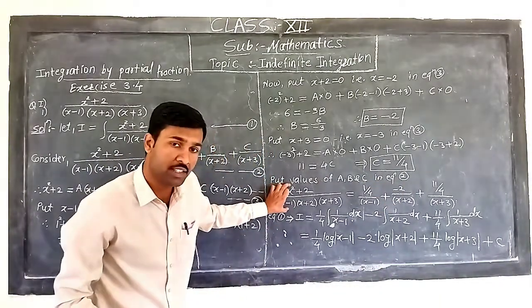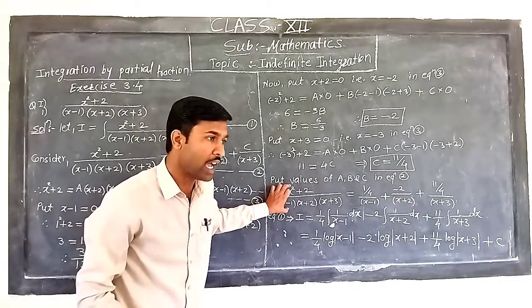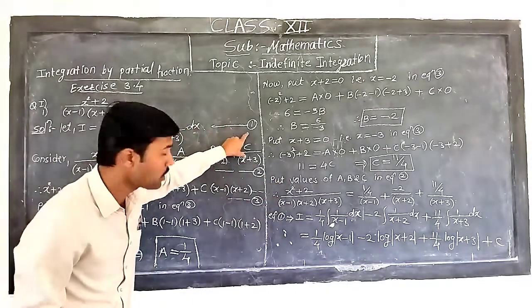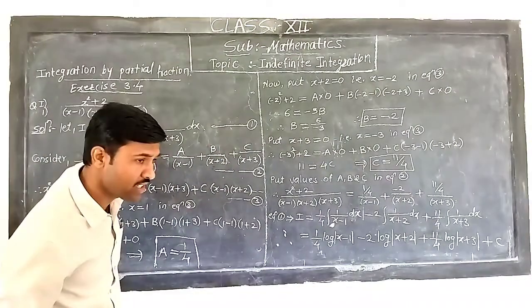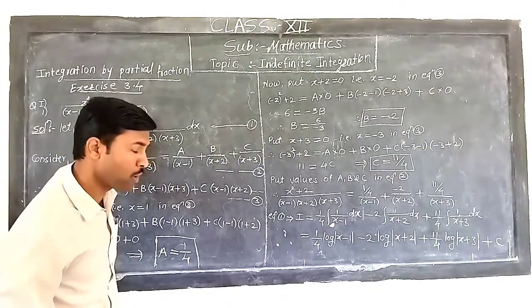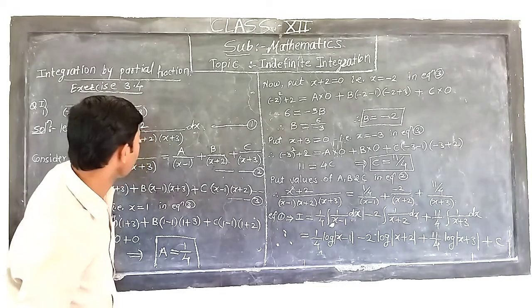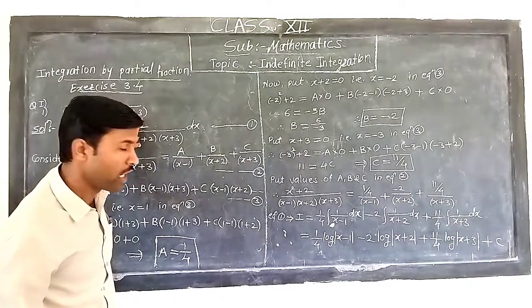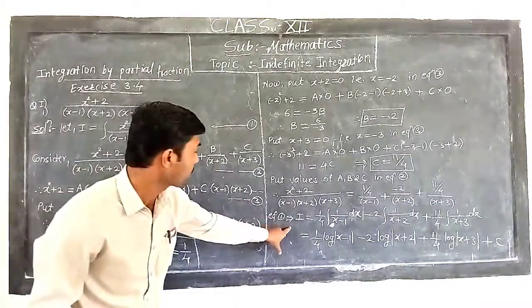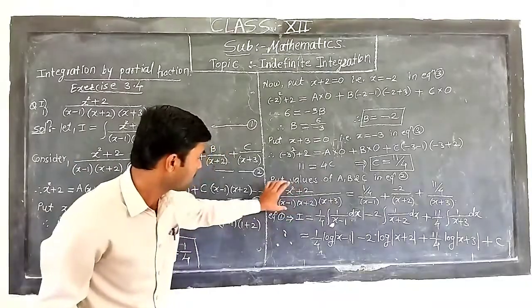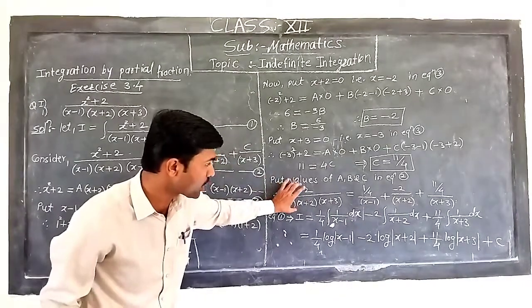Now this term is taken from our integration I. This is our equation number 1, and in this equation 1 we have found the value for this proper rational function, and after replacing it, the equation becomes I is equals to this function, and the value for this function is this.